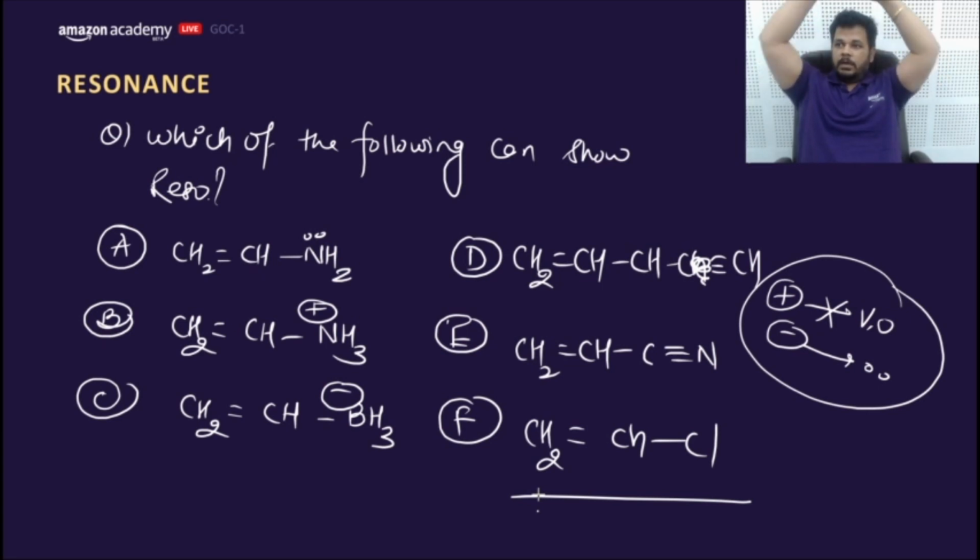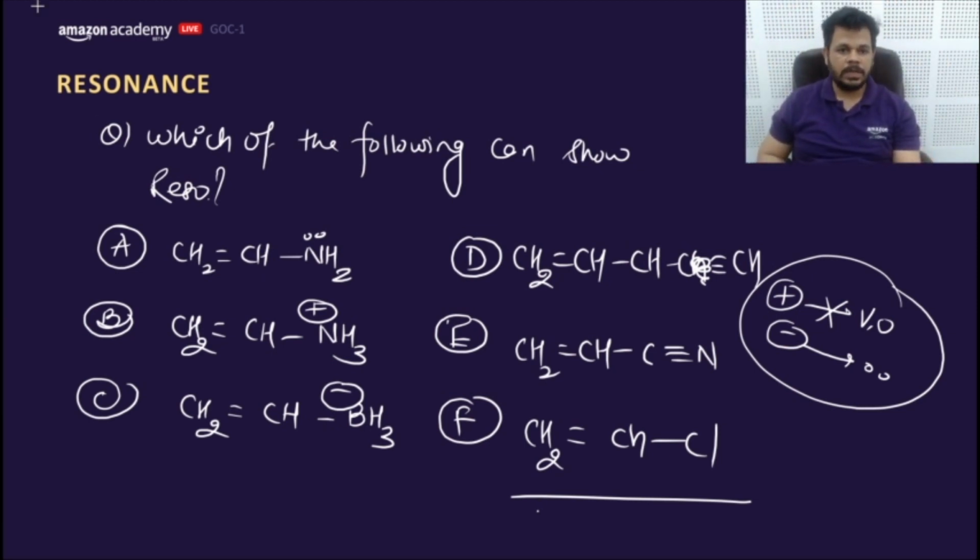A can show resonance. Yes. What else? All. No. All is not the correct option. ACDE. No. ACD is wrong. ABCEF. No. Wrong.